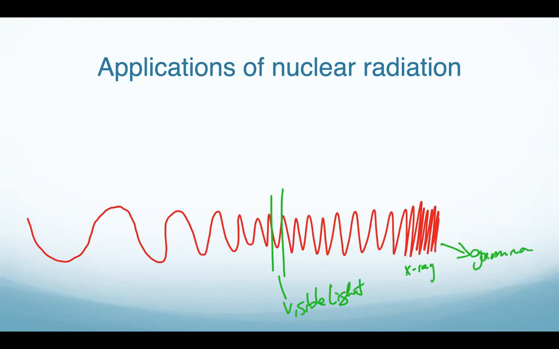Now, gamma radiation, because it's such high frequency, it can penetrate everything up to like really thick cement walls or lead. So the higher the frequency is, the more energy that's in the radiation. Down here where you've got like TV and radio, these are very long wavelengths, so very low frequency and not dangerous.